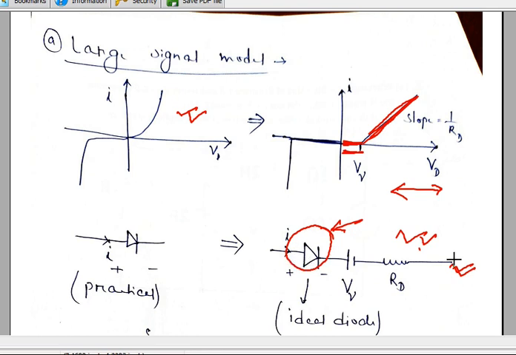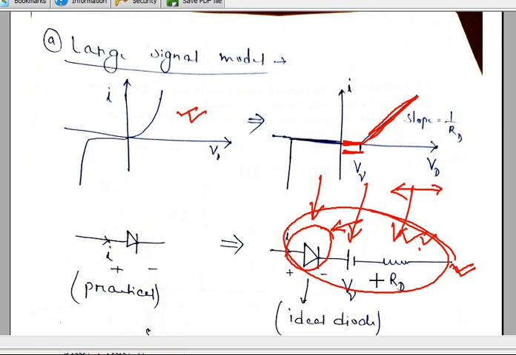Overall we consider this entire thing as a diode, but this is your ideal diode, this is the voltage and this is the resistance. Now what is the value of this resistance? We can simply calculate the slope of this line, and then we take the inverse, which gives you the value of resistance. And this V gamma is this value, this much voltage.